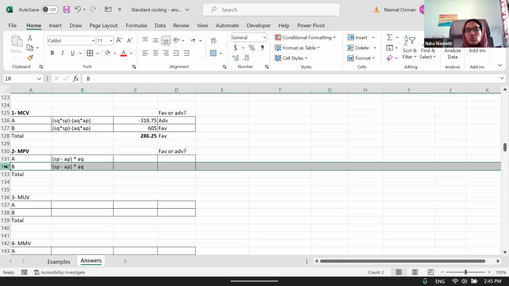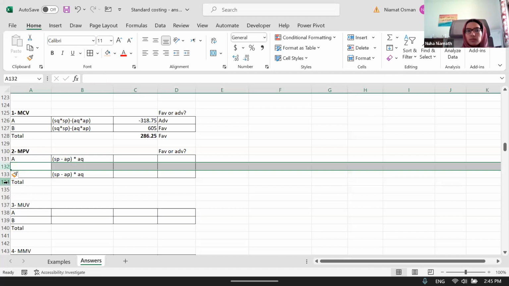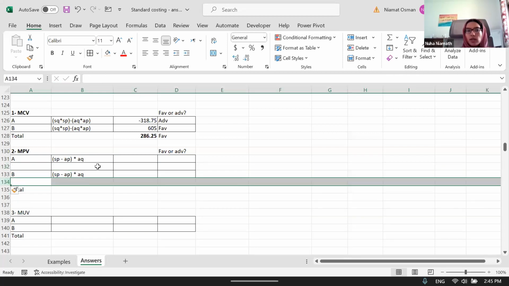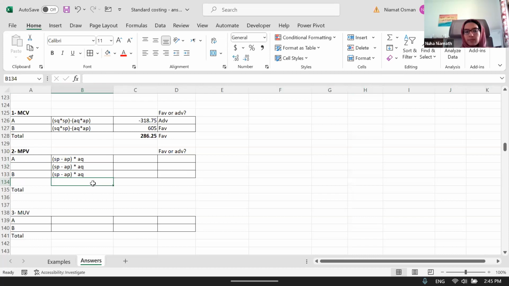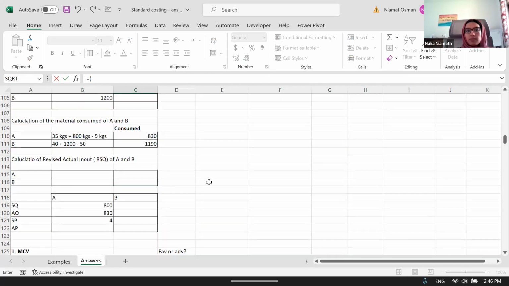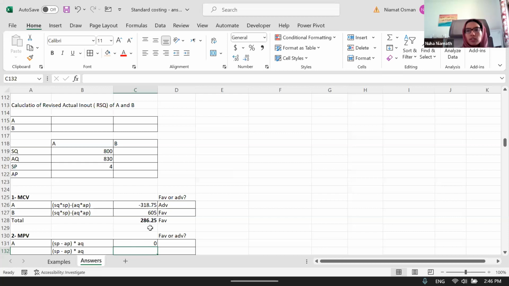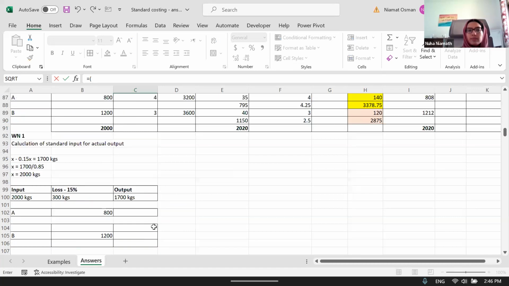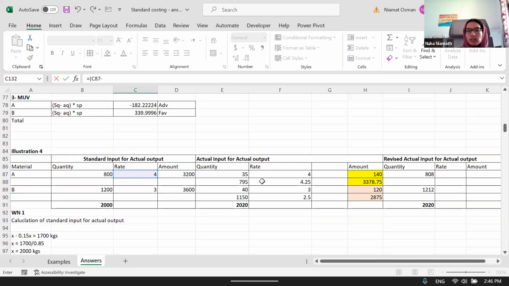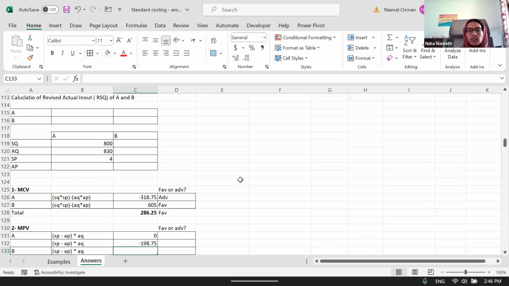Here we will have two actual prices, so let's do it for the first one. SP minus AP into AQ, which is our actual quantity: 0, because our SP is equal to AP. For the second one, SP minus AP into AQ, 795.